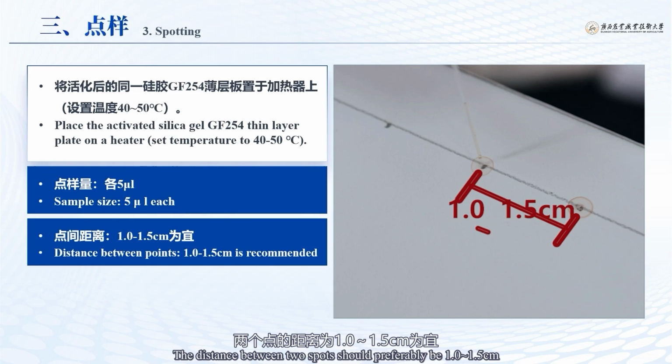The distance between two spots should preferably be between 1.0 cm and 1.5 cm.